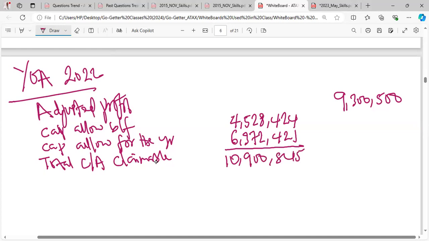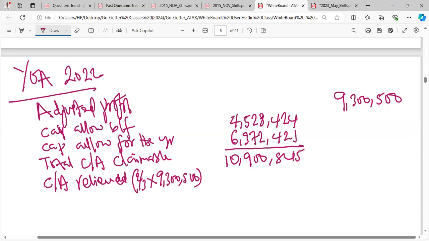Then capital allowance relieved. Let me write the relieved well. Capital allowance relieved is going to give me 2/3 of 9,300,500.